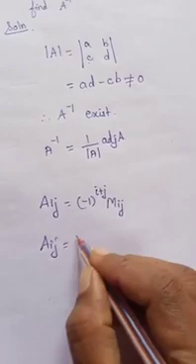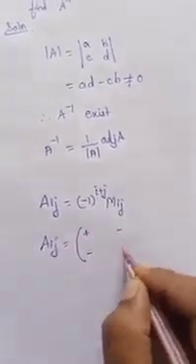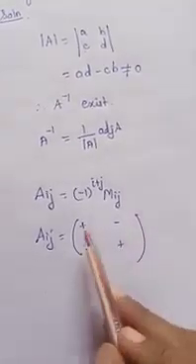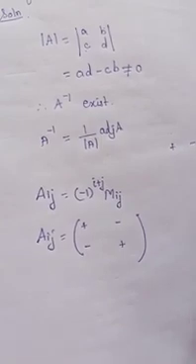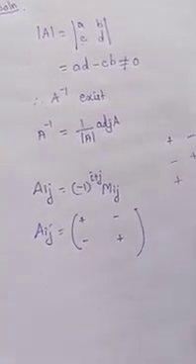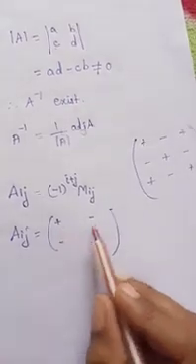For Aij, we can put the signs first. If it is a 3 by 3 matrix, we would put plus minus plus, minus plus minus, plus minus plus. That's for a 3 by 3 matrix. If it is a 2 by 2 matrix, plus minus minus plus.